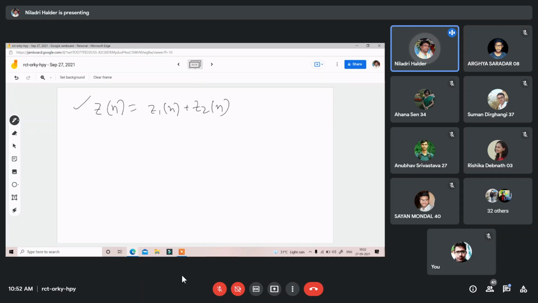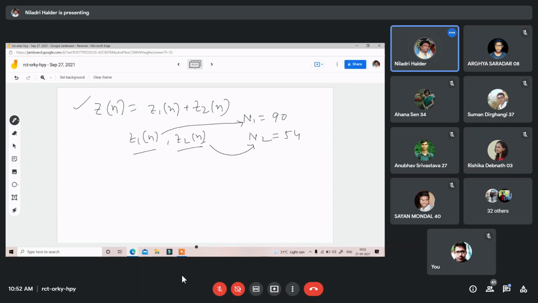It's a periodic signal with periods N1 equal to 90, N2 equal to 54. z1 and z2 both are periodic. z1 is periodic with period N1 90, z2 is periodic with period N2 54.